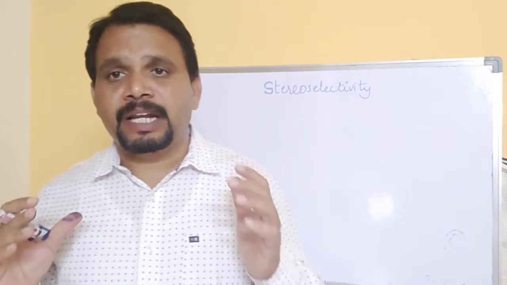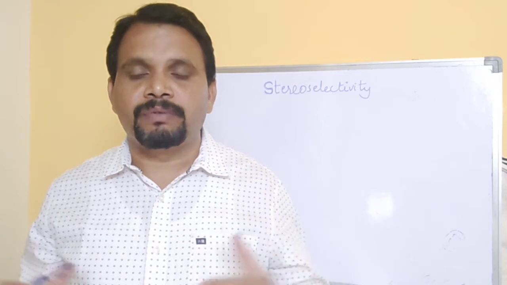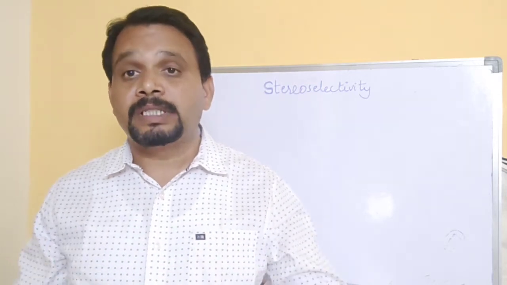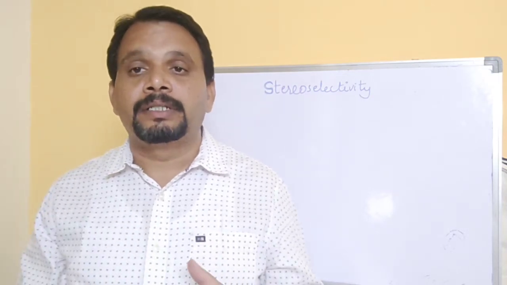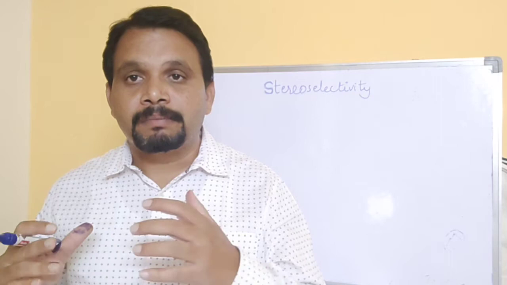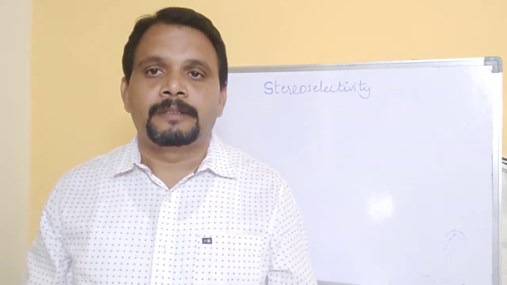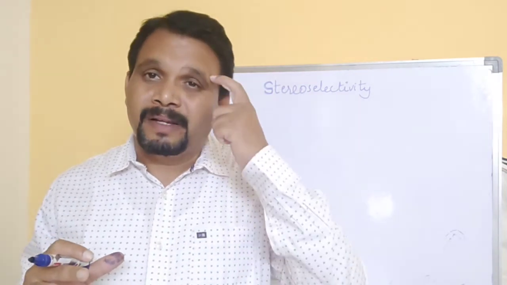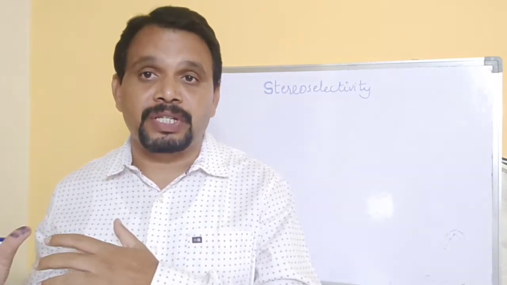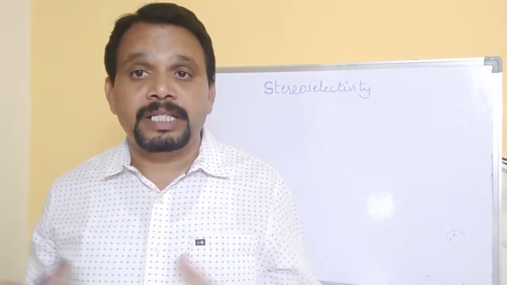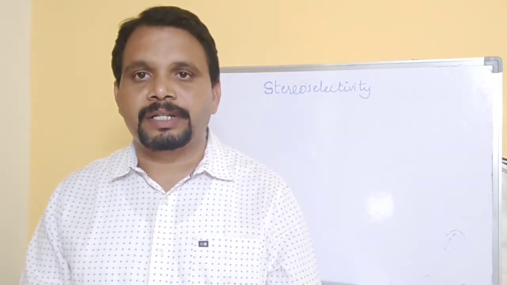A chemical reaction that yields predominantly or exclusively one product over the other possible products by reacting at different functional groups or at different planes, reaction mechanisms or positions is known as selectivity in chemical reactions, right?